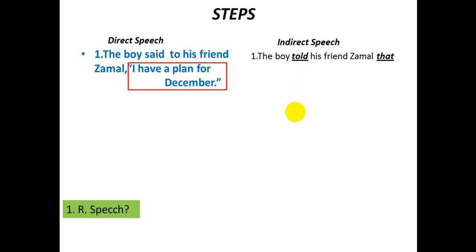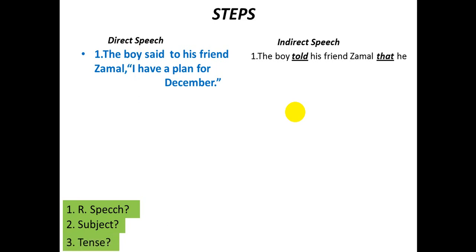The reporting verb and inverted comma have been changed according to the process shown in our previous classes. Next, look at the subject in the reported speech: I. This is first person, and the subject of the reporting verb takes the place of the first person subject. Okay, he.